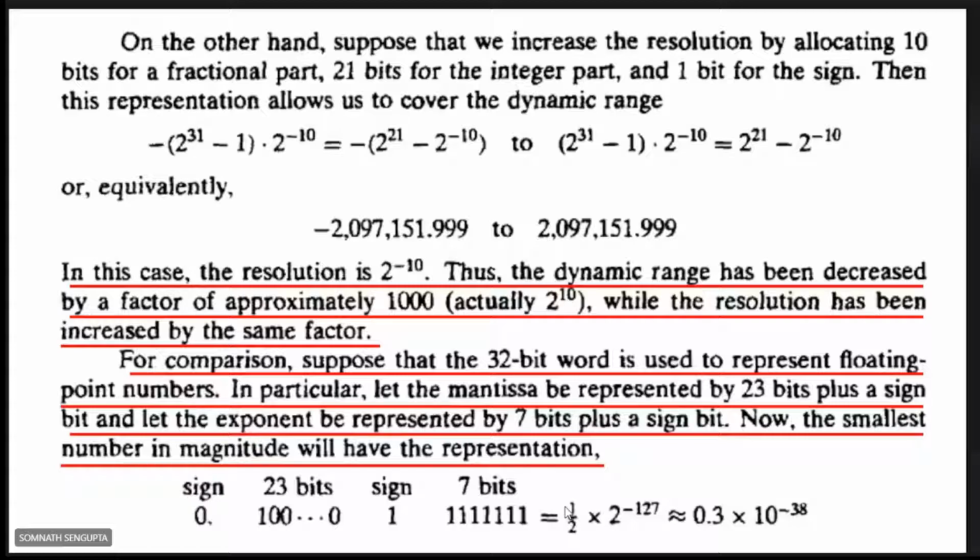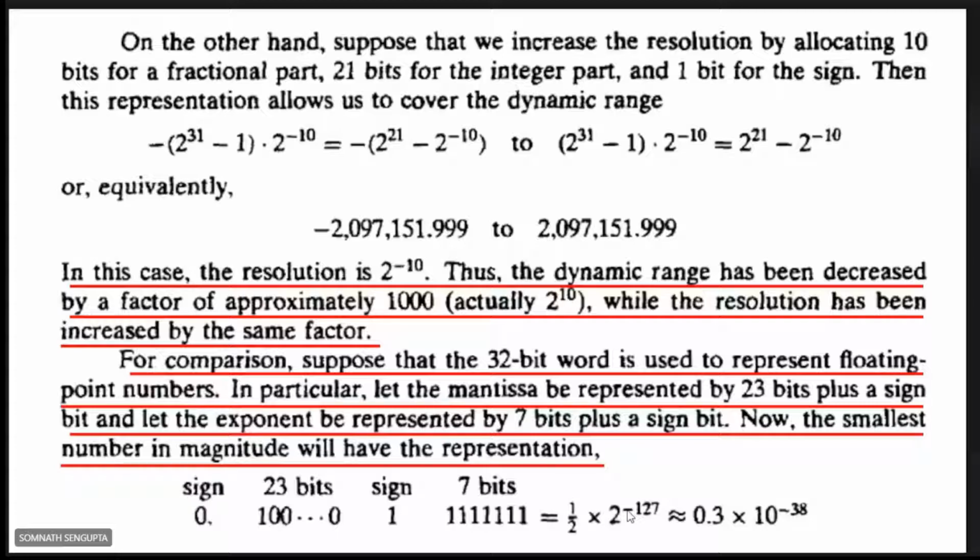Here actually it is showing 2 to the power minus 127. Why is it 127? With 7 bits, what is the value of 2 to the power 7? Sir, 128.